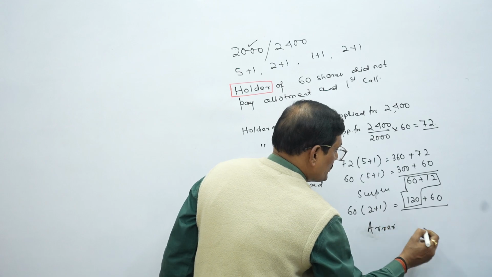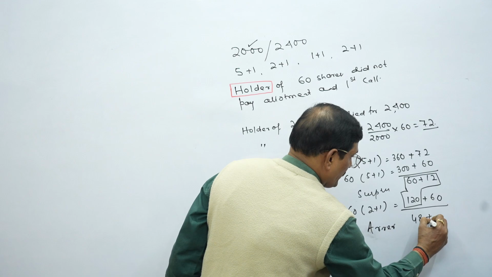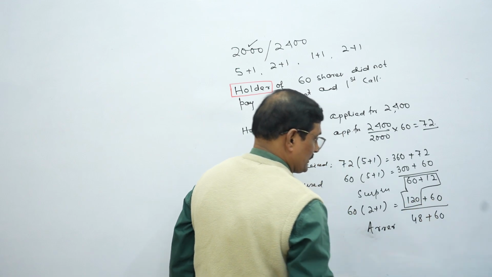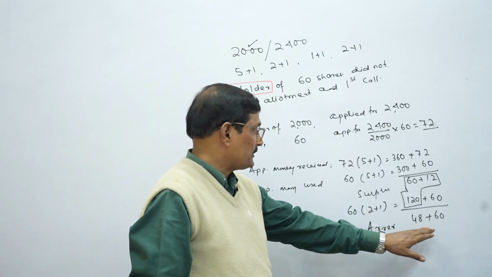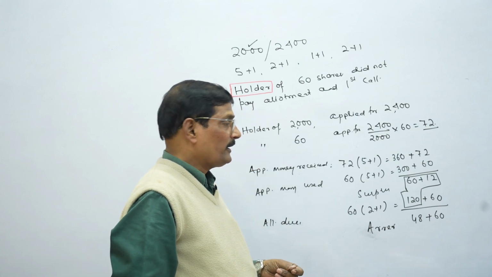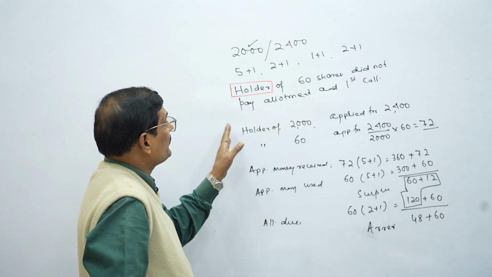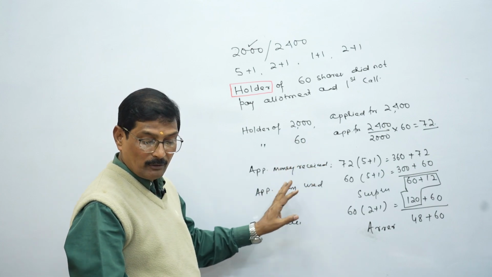The arrear is equal to, how much it is? 48 plus 60. So he's not paying 48 plus 60, that is 108 rupees, and later on he did not pay first call and we have forfeited. This is first part calculation.